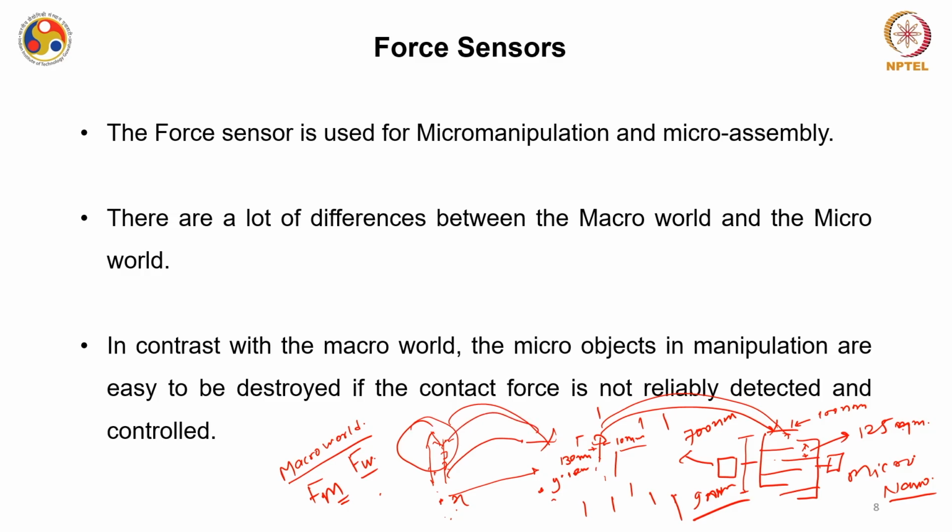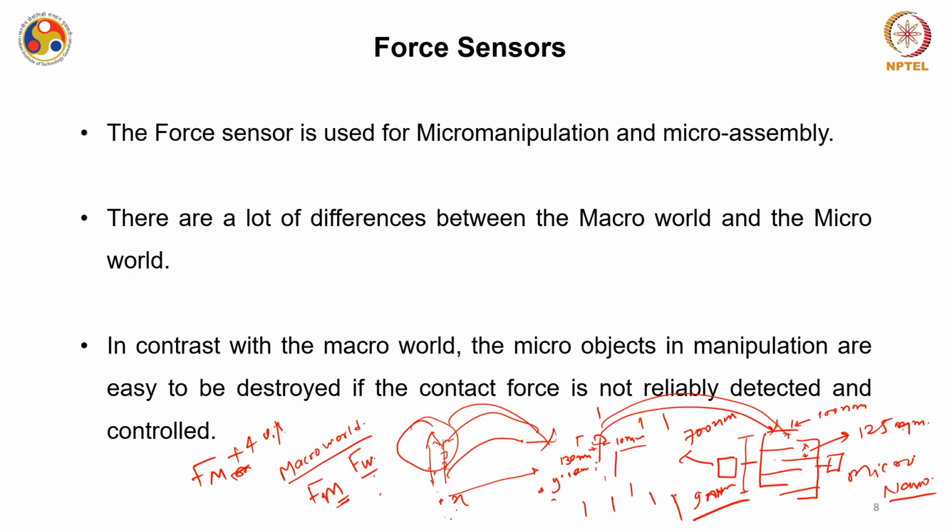Now, you can have more deviation in Fm as well as Fw. So, Fm can be plus or minus say 40%, or say plus 40% also. So, if Fm amount of force is needed to grip it, and you exert Fm plus 40% of Fm, then also this pen will not be destroyed.